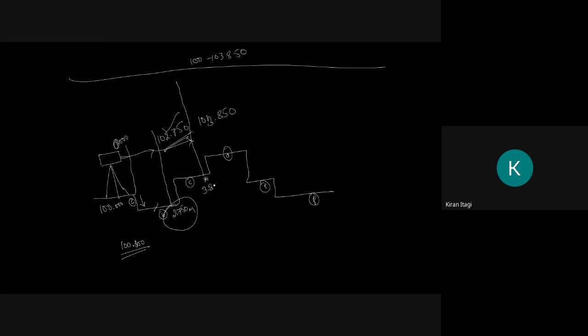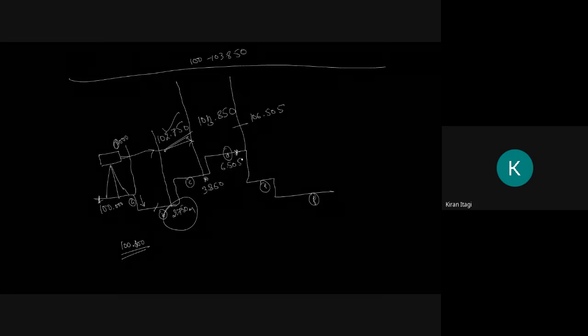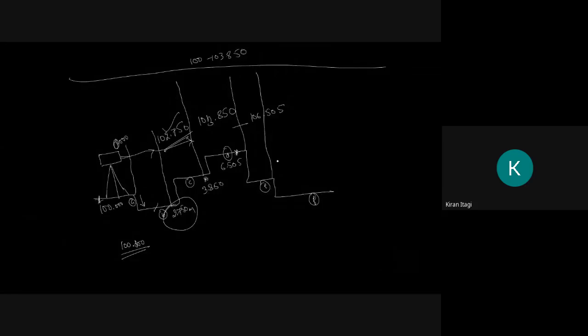It is 3.850, the height difference between this and that. Now, when I took the reading here, it was 106.505. So what is the height of this level with respect to this level? It is 6.505. Correct.